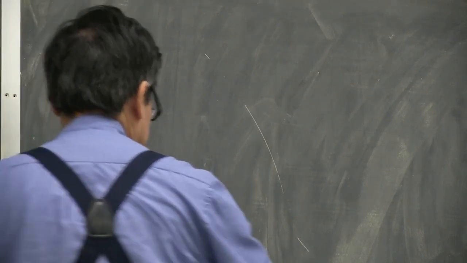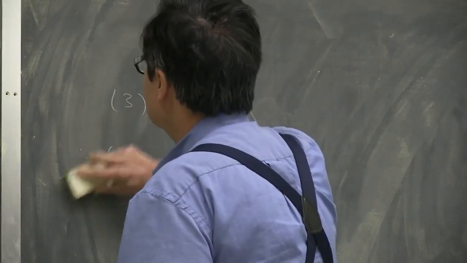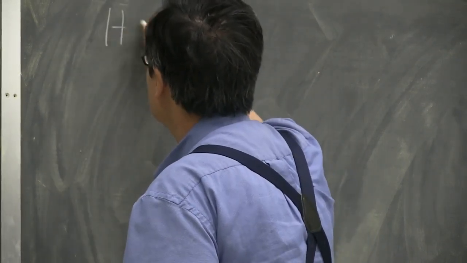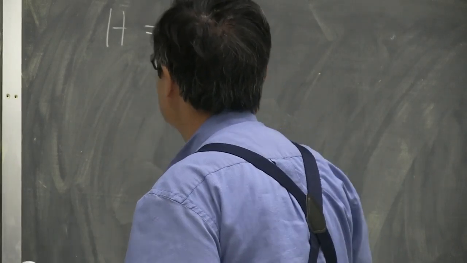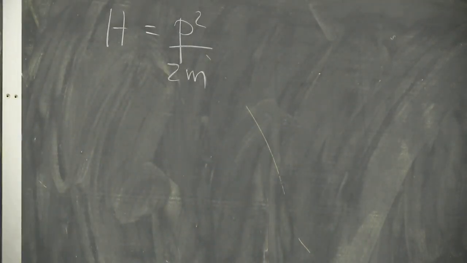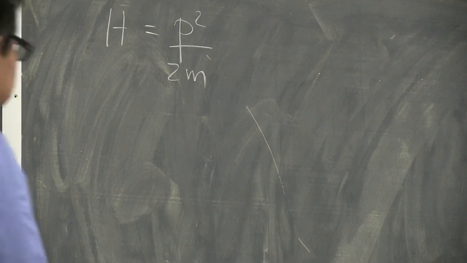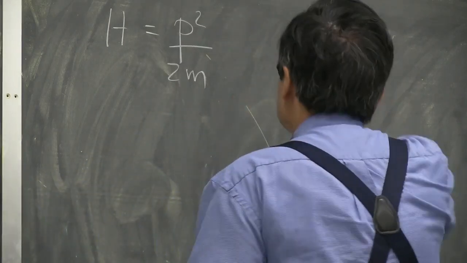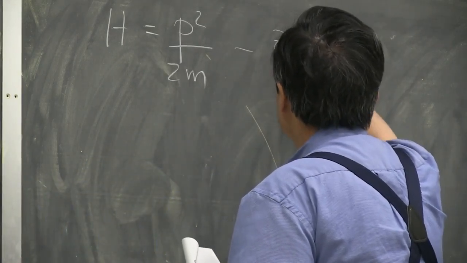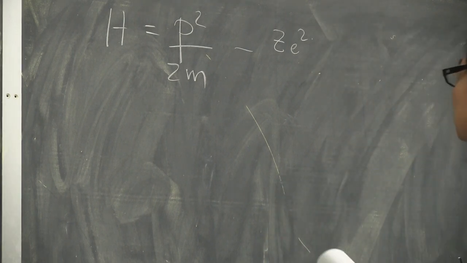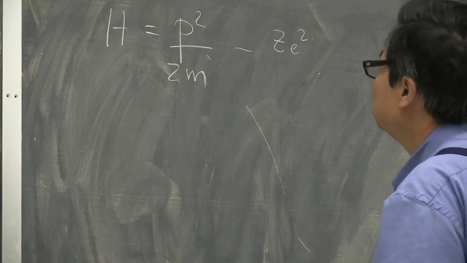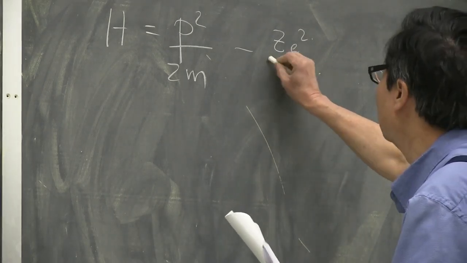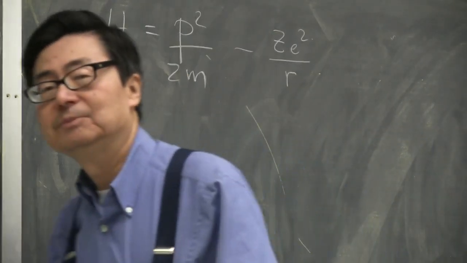So for the hydrogen problem, here's the Hamiltonian: p squared over 2m. Let's say m is the reduced mass of the electron that is orbiting the hydrogen-like atom. And if the nucleus has charge Z, then Ze squared divided by r is the potential energy.